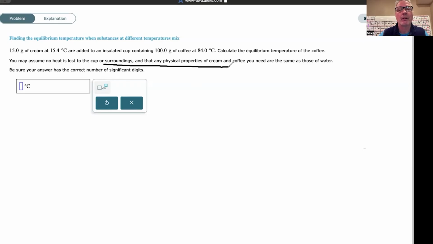But they're saying that the specific heat capacity of cream and coffee are the same thing. Cream has a lot of fat in it, but hey, they want to make it simpler on us. That means both of these are going to be the same thing. That means on both sides of the equal sign, they cancel out. This is going to be easier.